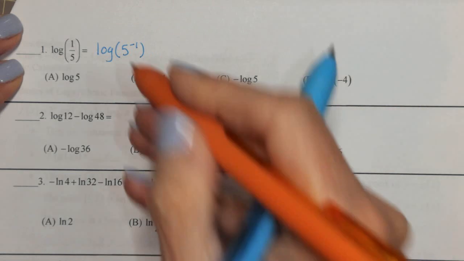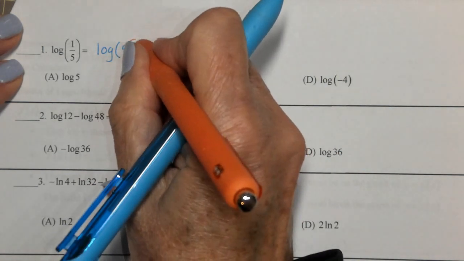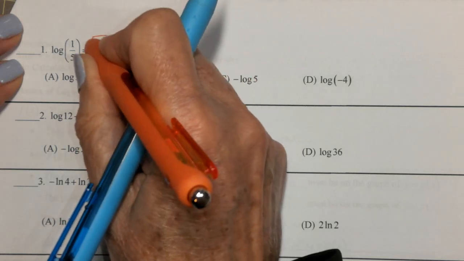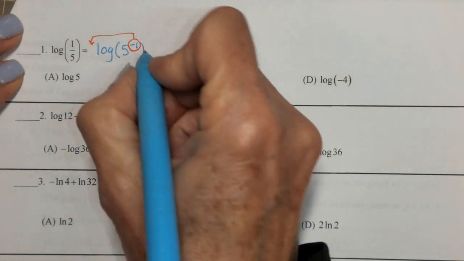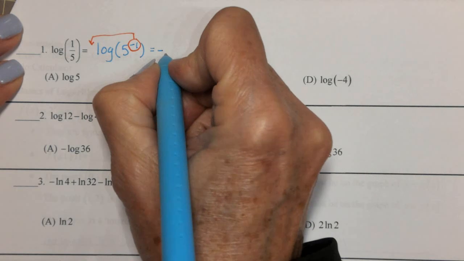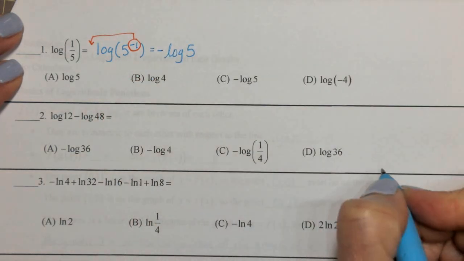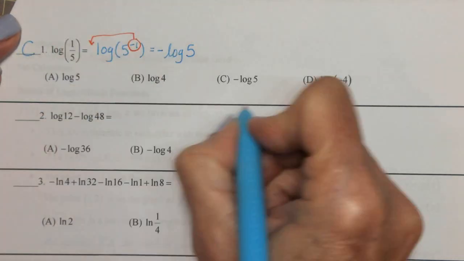Now I can use the property that allows us to bring any power on the argument to the coefficient of your log. So that will be a negative 1 log of 5. C.